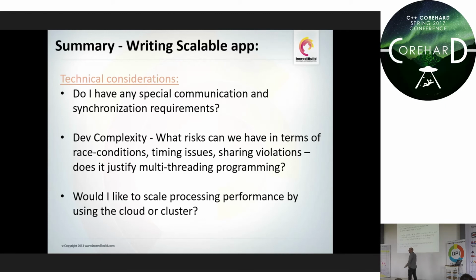Consider your teams. Do I have expert developers? Can I encapsulate? If you can encapsulate, make it a process. Why burden the entire application with this specific process as a thread? So you need to consider what it is that you have, whether you can encapsulate it, and what the synchronization is in these elements. If you don't have a lot of synchronization, again, processes are very good. What's the level of your developers?